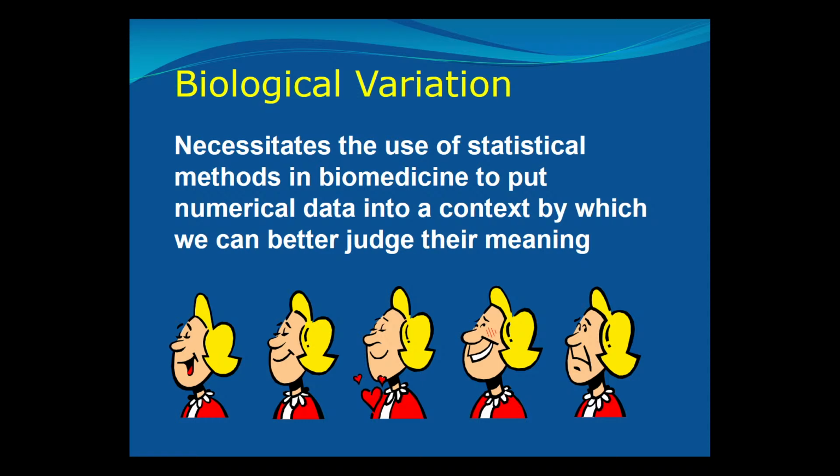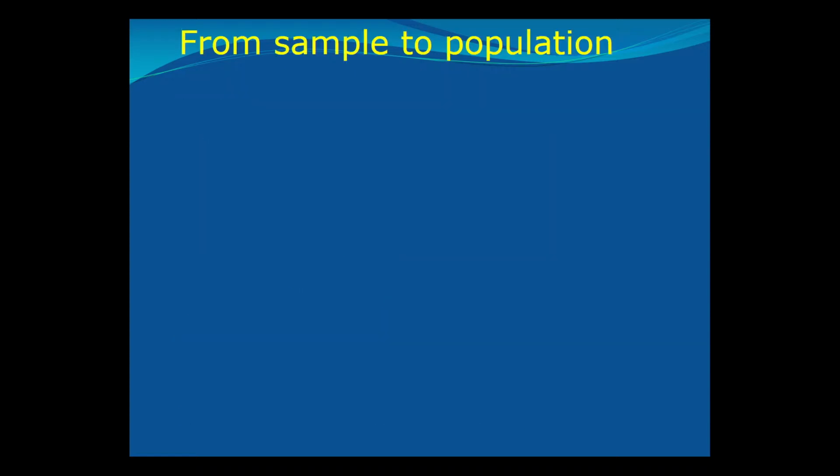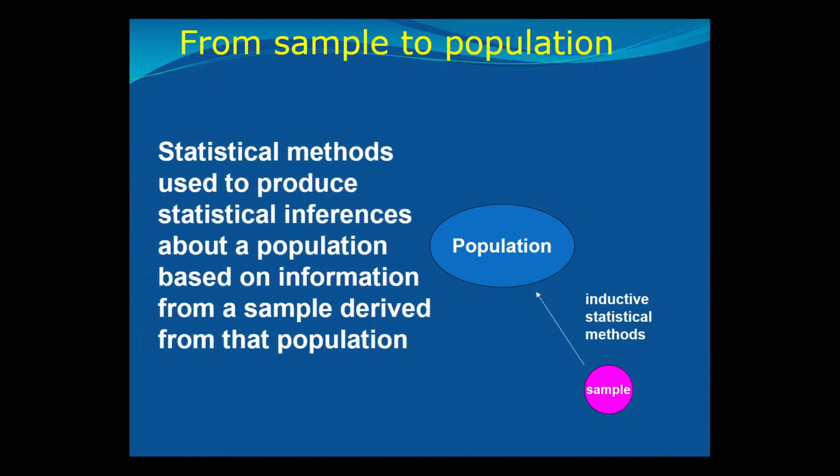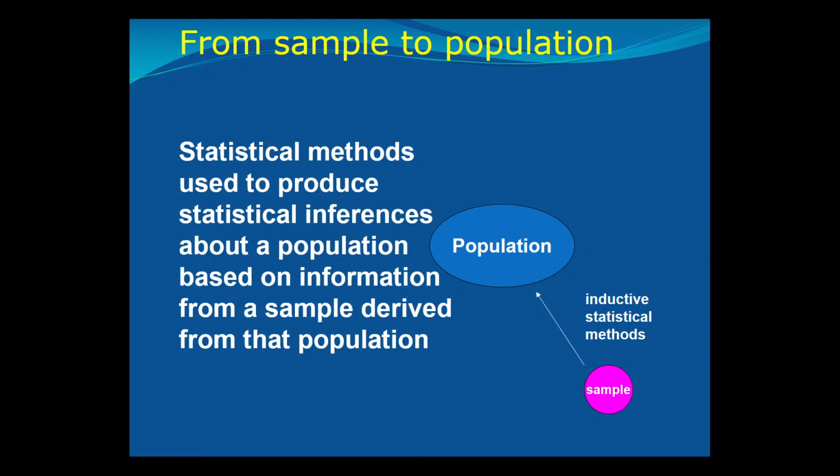What is biological variation? It necessitates the use of statistical methods in biomedicine to put numerical data into a context by which we can better judge their meaning. There are statistical methods used to produce statistical inferences about a population based on information from a sample derived from that population.